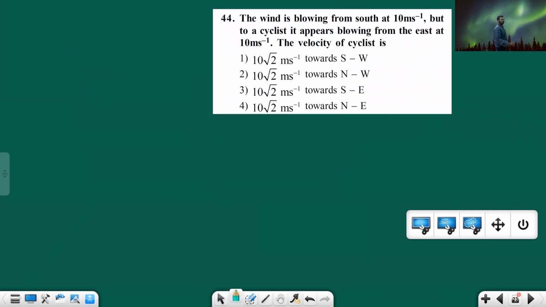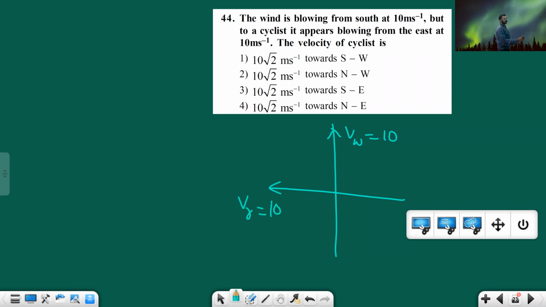First of all, we are very clear that the wind is blowing from the south, that is VW is equal to 10. And again, we know the apparent relative velocity is also 10 meter per second. We know VR bar is VW bar minus VC bar. One thing you remember: this is north, east, west, south.